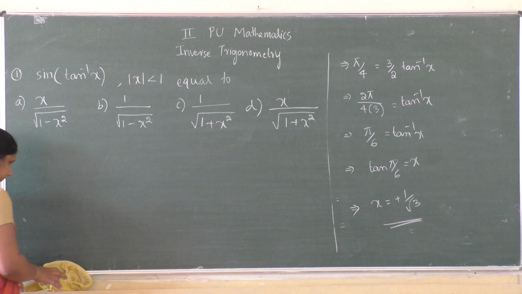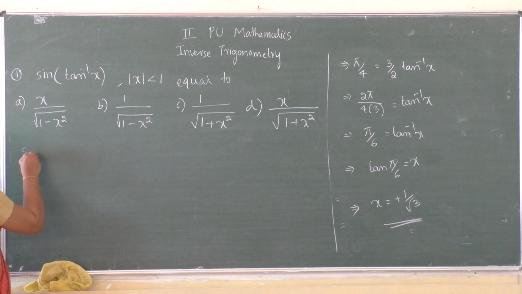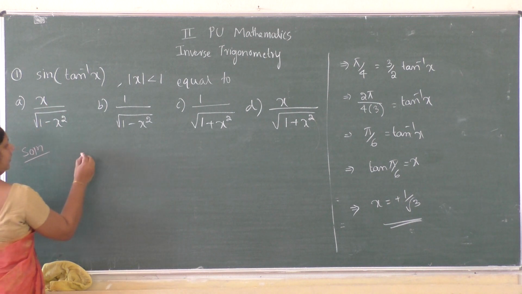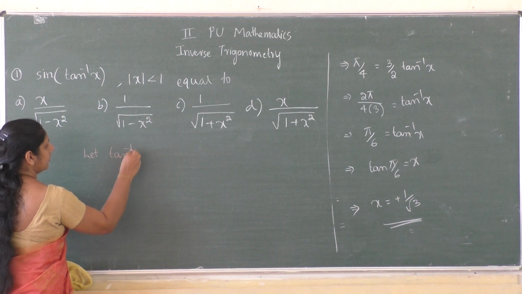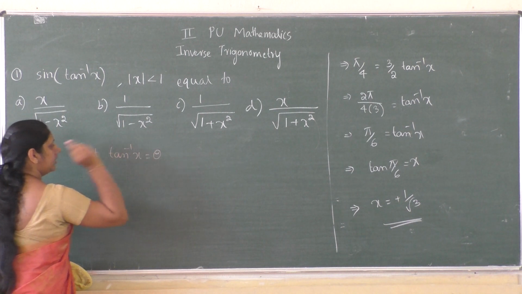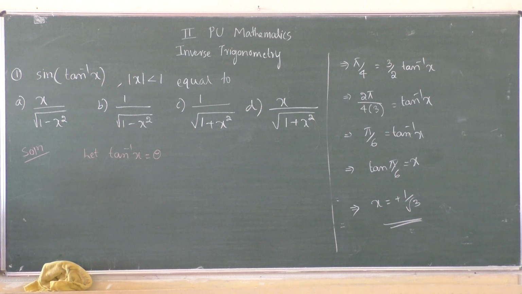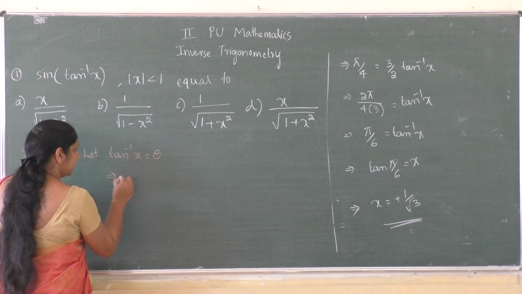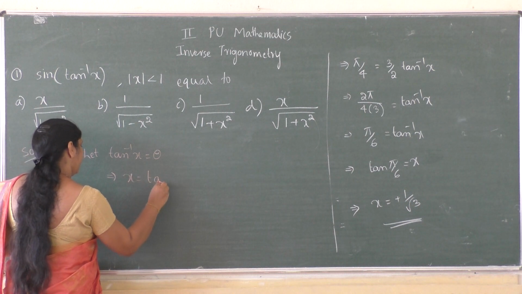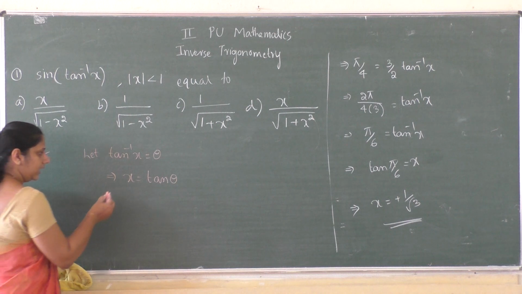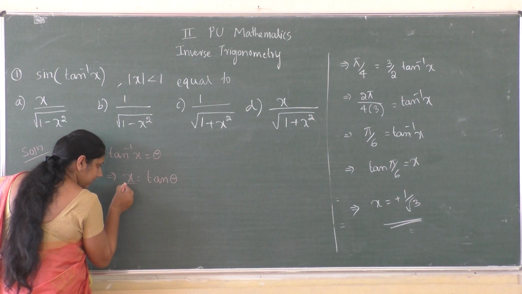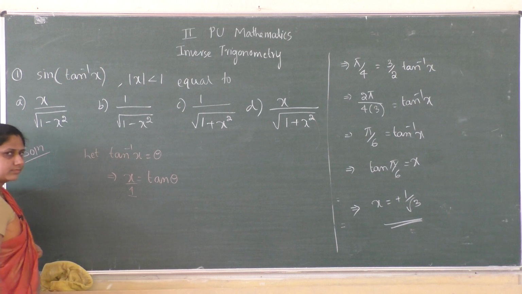So solution. See, I will take here, let tan inverse x equal to theta. I will consider tan inverse x equal to theta. From this, what is the value of tan theta? Equal to x, right? See here, can I write this x as x by 1?